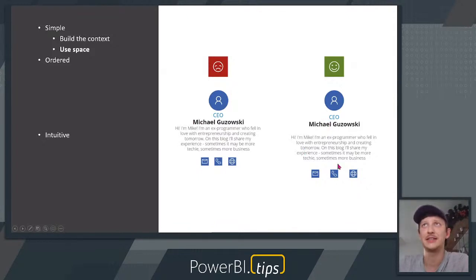And on the right side, you use a little bit more space, but through the grouping of information and through this air, you can much more easily read all the information together.